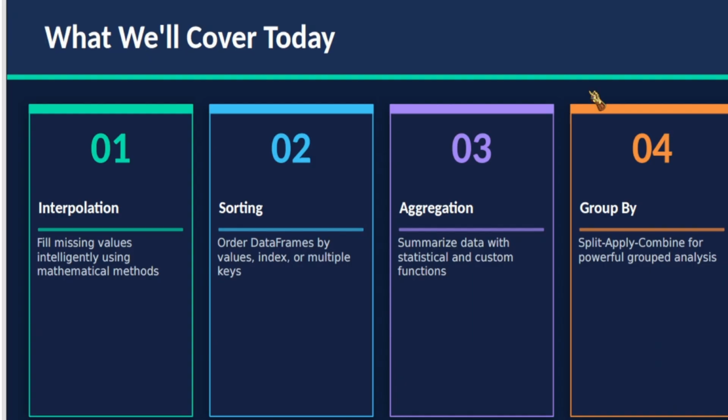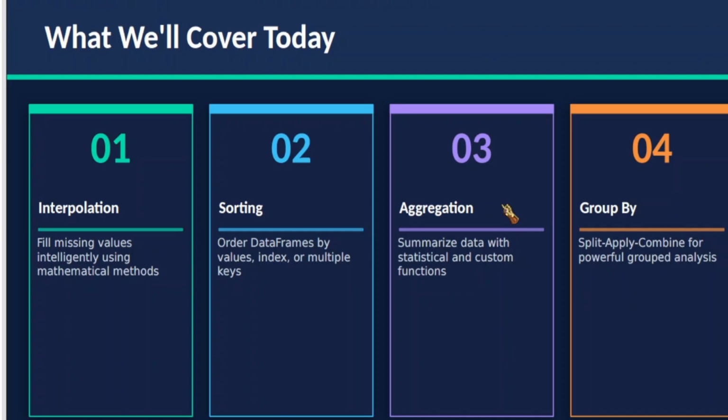Today we are going to cover interpolation, like filling missing values intelligently using some mathematical methods. Next is sorting. Sorting is arranging values in ascending or descending order. Then we will apply some statistical formulas, known as aggregation in pandas.